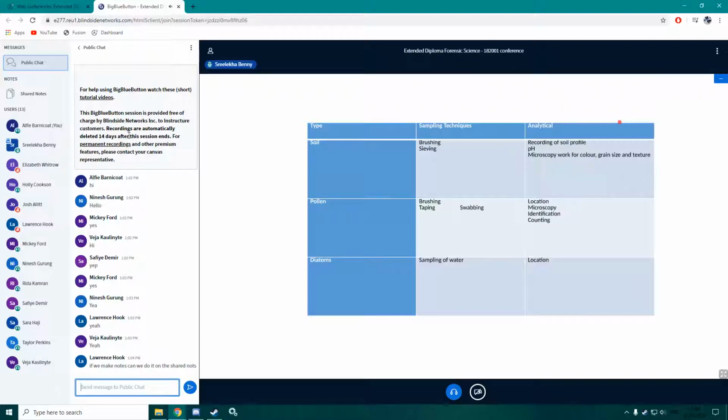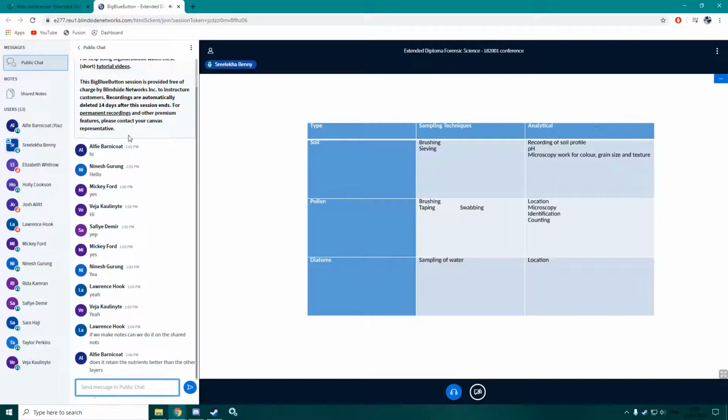How will the top layer help? You can type.